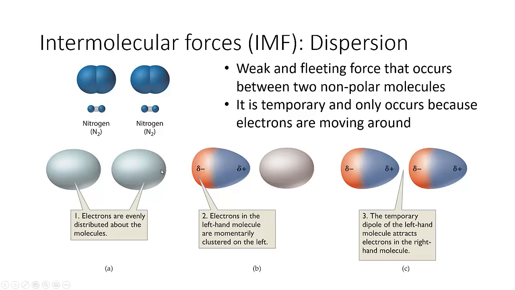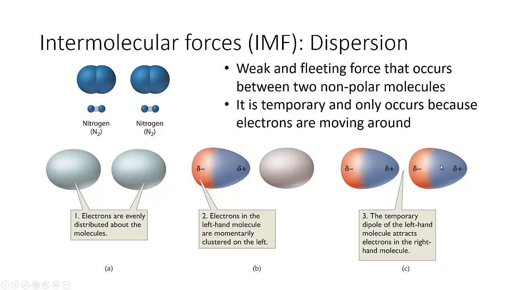Then when these electrons come near more electrons, they are going to repel each other. What could happen is the electrons in one molecule momentarily become more clustered on maybe the left side, and if it comes near another molecule while that's happening, that will temporarily get a negative charge because this side was positive.